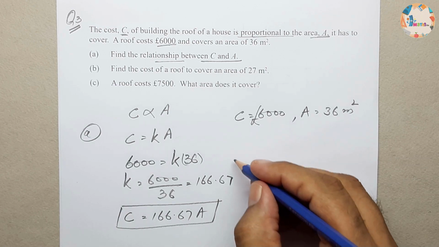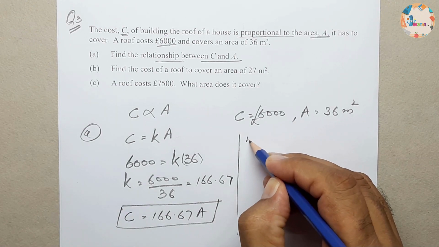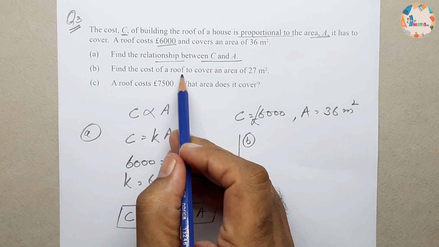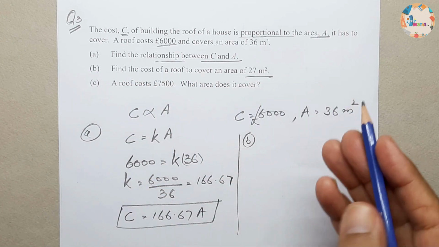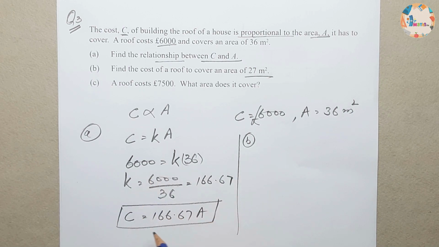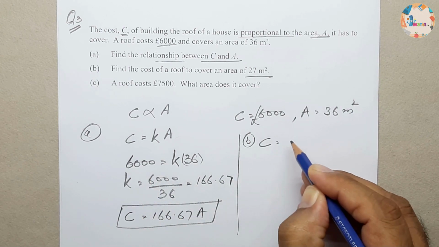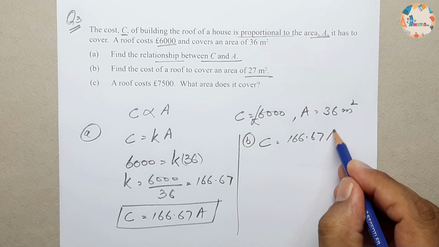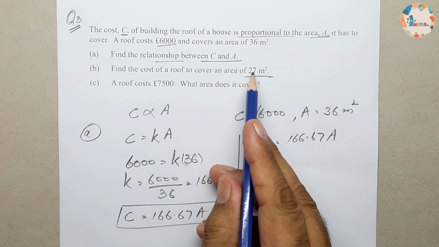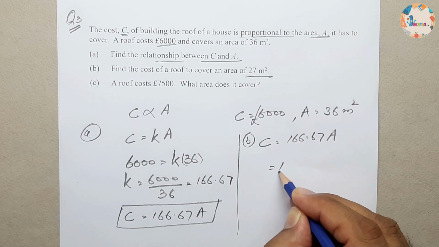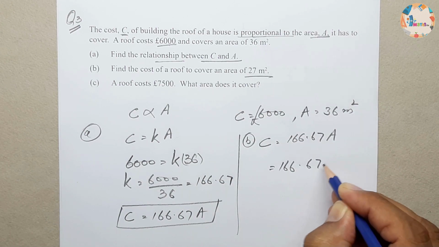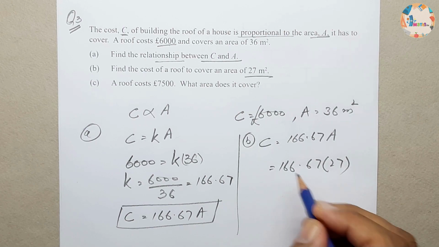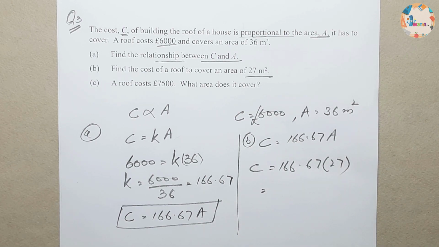After getting the answer to A part, we can check for B part. Find the cost of roof to cover an area of this one. So this same equation, C is equal to 166.67 into A, we will be using for this one. Area is given 27, so C will be equal to 166.67 into 27.